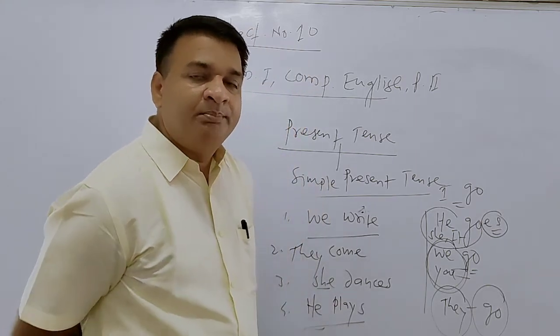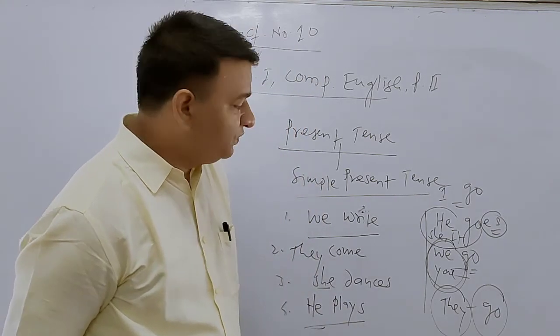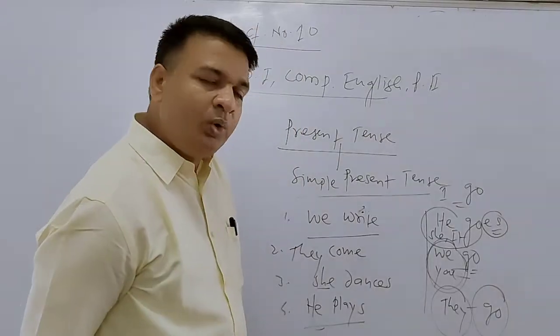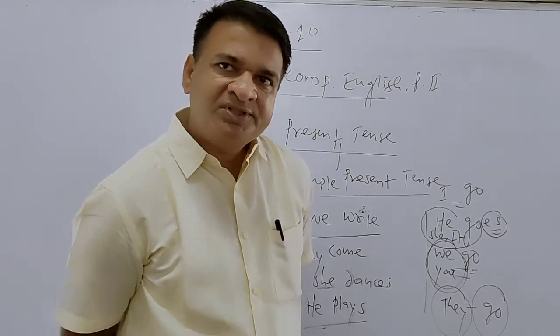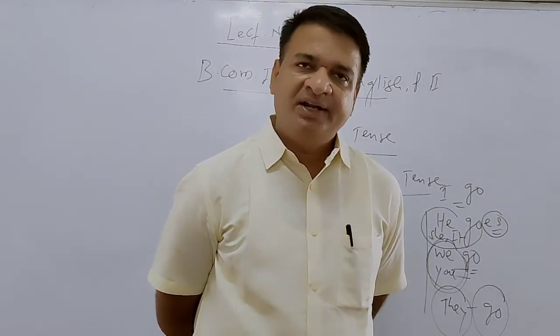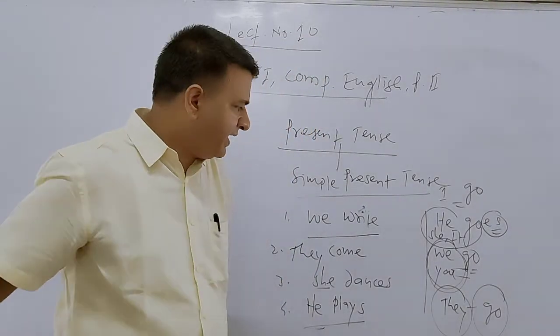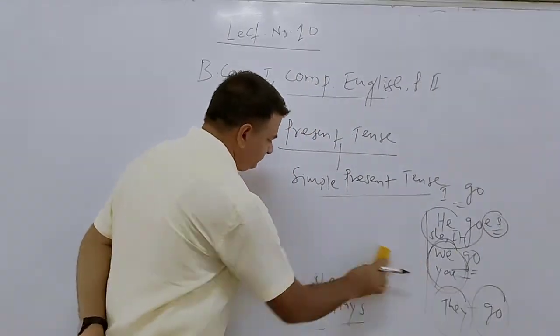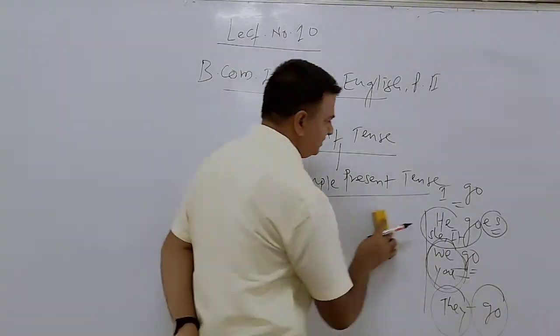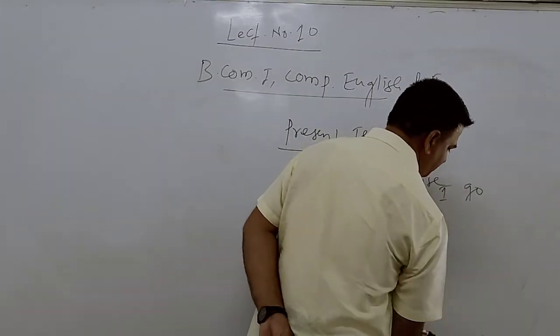But third person, singular number, he, she, it, only takes s, and third person, plural number, they, takes only go. So just remember the sentence, we simply use the verb.